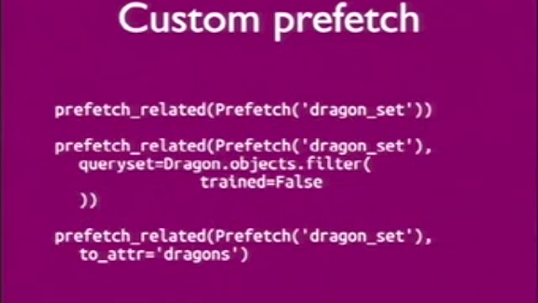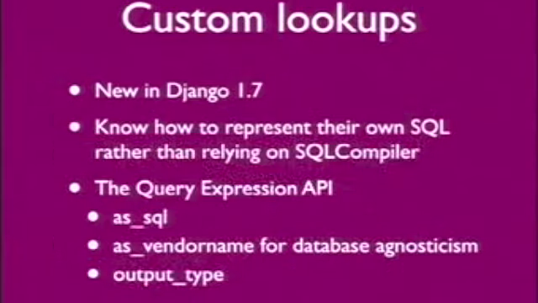So if I was writing that second line of code well, I would write to_attr equals untrained_dragons, which would save those dragons as a list onto my trainer object under the attribute untrained_dragons. Very powerful. Basically it means that you shouldn't ever have to be doing crazy things, looping through and filtering, or some sort of unpleasant code, in order to make sure that your database interactions are efficient.